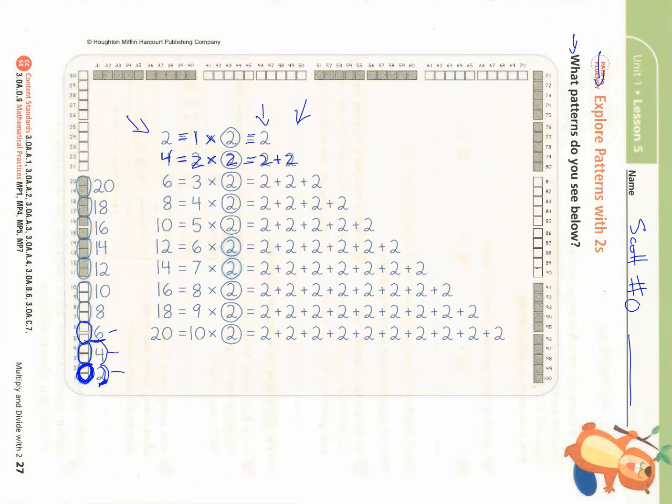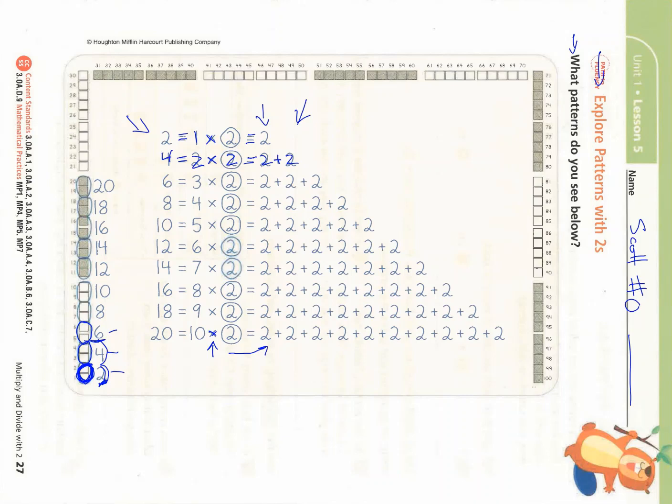So again, they're getting you into thinking that the multiplication symbol, this symbol right here, is just the symbol for groups of, which is the shorthand way of writing repeated addition. So instead of writing 2 plus 2 plus 2 plus 2 plus 2 plus 2 plus 2, all those times, you can just say how many groups of 2 are we going to be counting, basically.